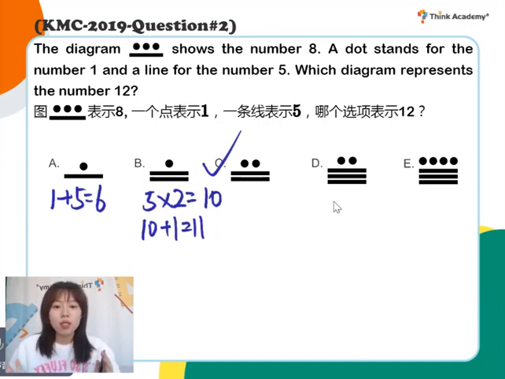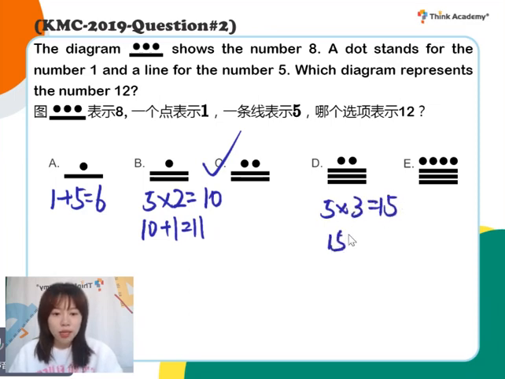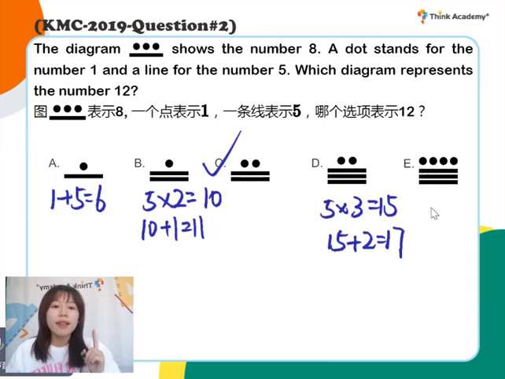So let's continue to see the value of option D and option E. Here we have 3 lines, 5 times 3, 15, and 2 dots. So 15 plus 2, 17. And what about this one? It's 2 more dots, so it's going to be 19.